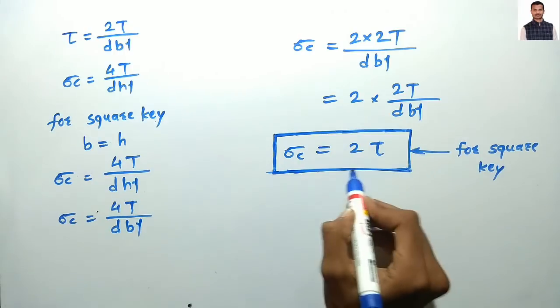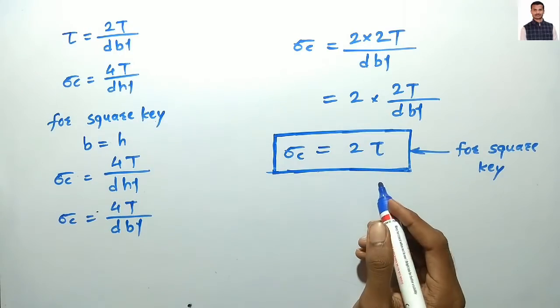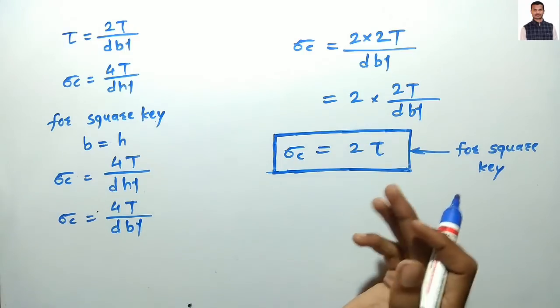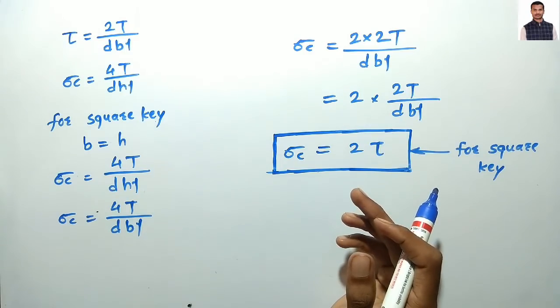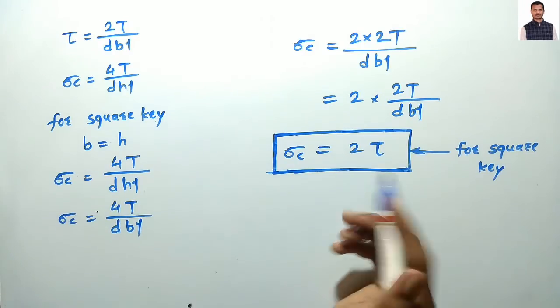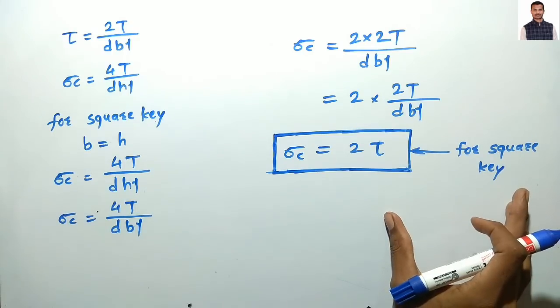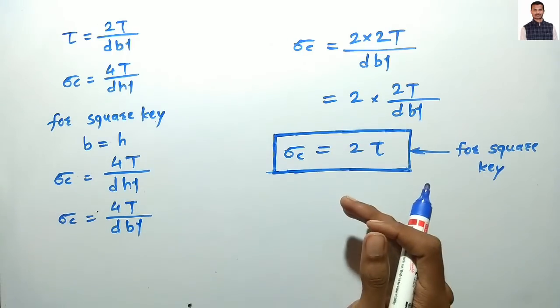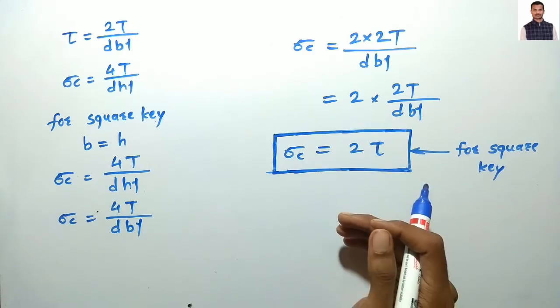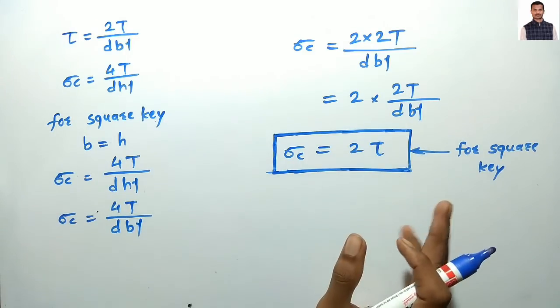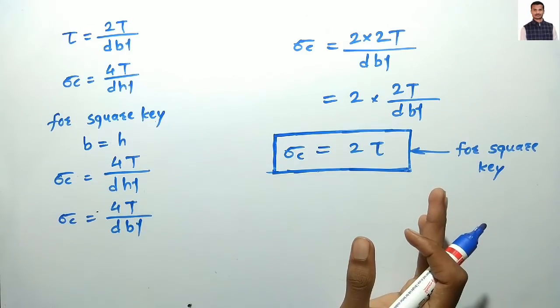I will take problems of design of key in design of couplings. So in coupling we will design three components, that is shaft, key and coupling. So in that the problems on design of key will be covered in design of coupling itself.